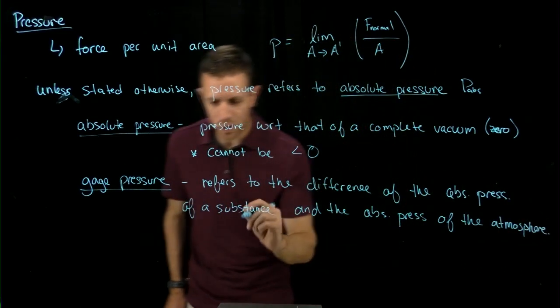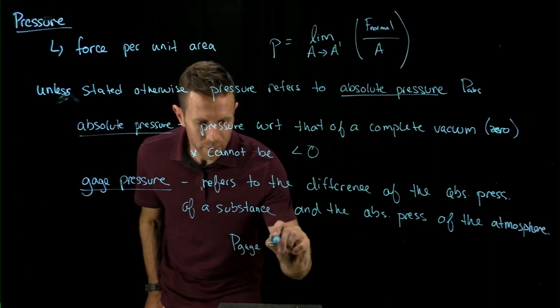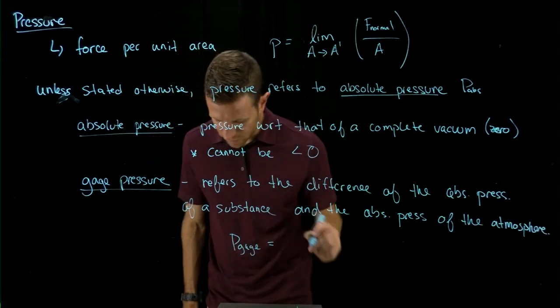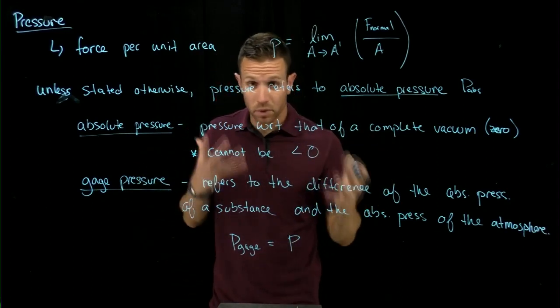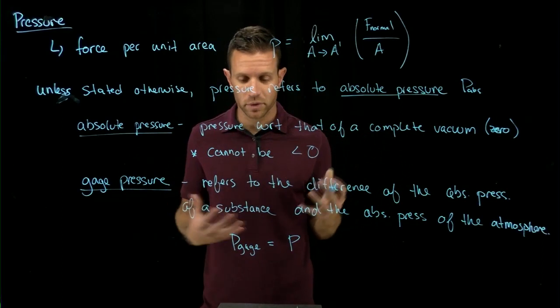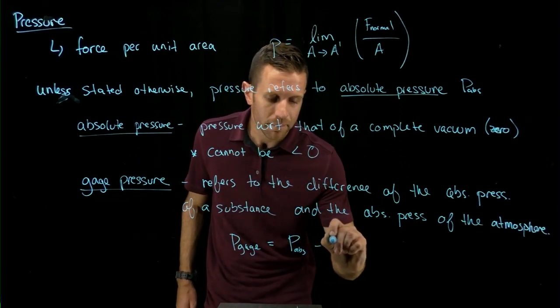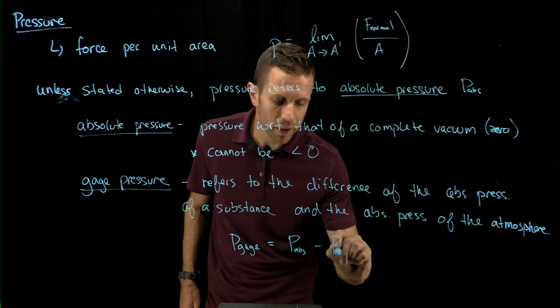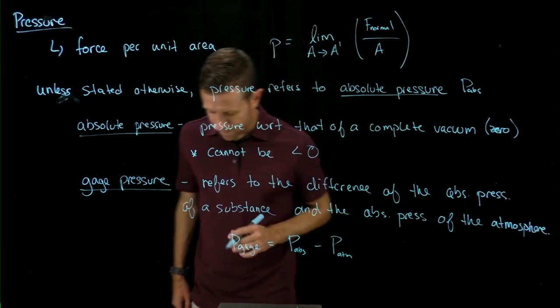Okay? So, P gauge is going to be equal to P of my substance, or whatever it is I'm referring to the pressure of, the absolute pressure of that, minus the absolute pressure of the atmosphere, and we just denote that by P ATM.